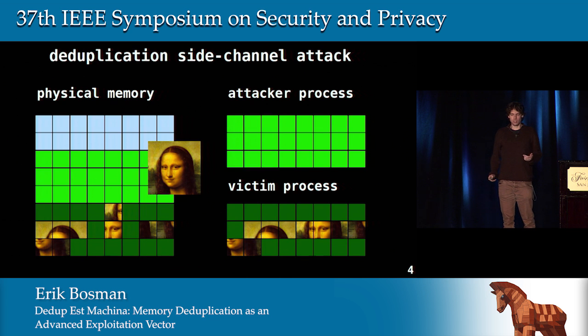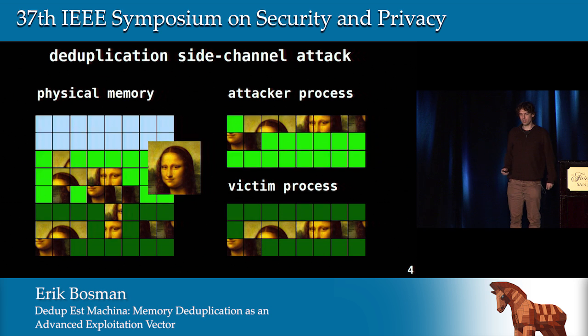What the attacker does is recreate the pages that it wants to probe for in its own address space, and then it waits for the operating system or a hypervisor. So, for example, Windows 8.1 and higher have this feature, as well as some virtualization hypervisors.